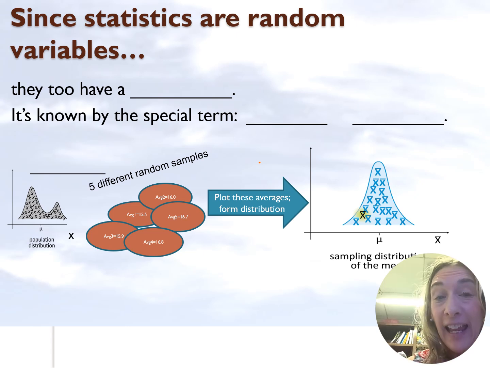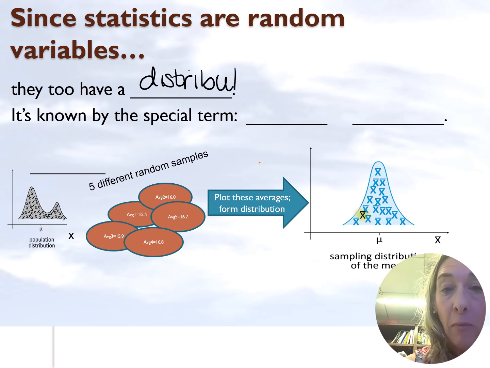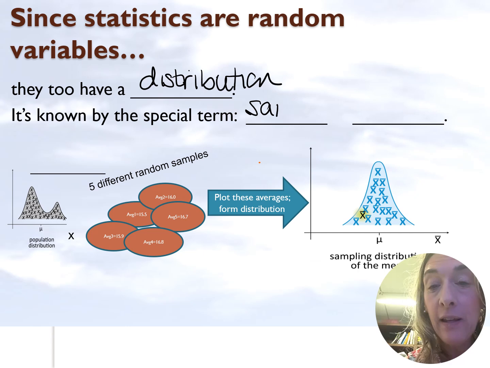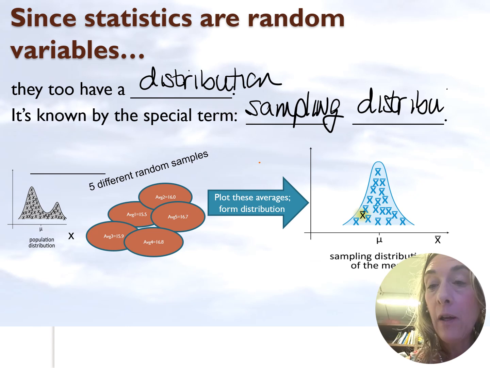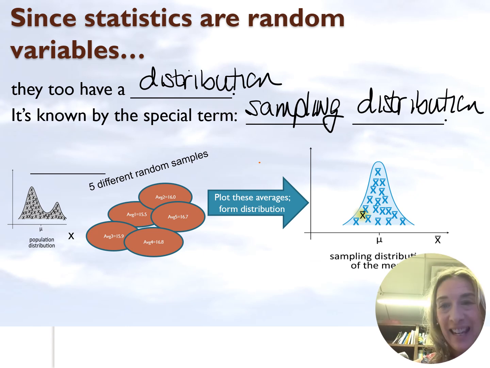So like any random variable, they too have a distribution. But the distribution of a statistic, such as the sample average, is known by a very special term, and that is sampling distribution. So the distribution of a statistic is known as a sampling distribution.